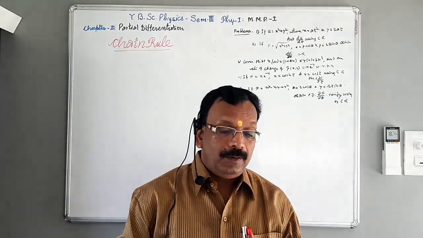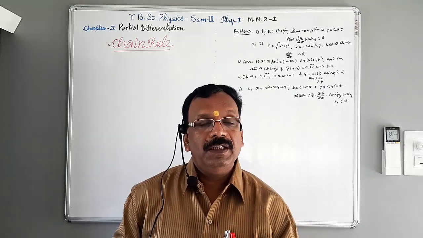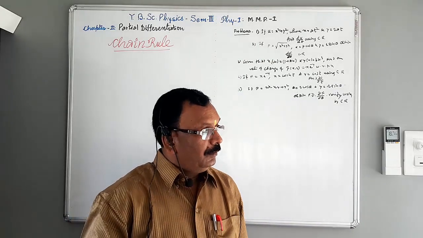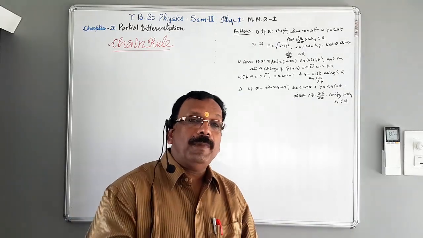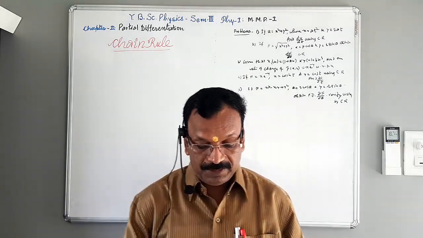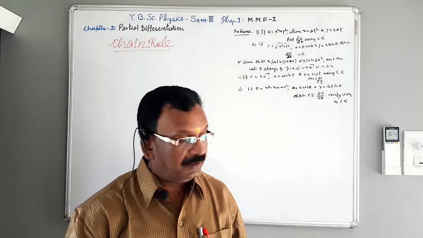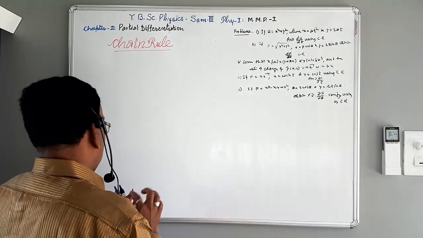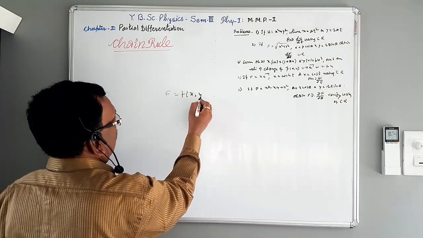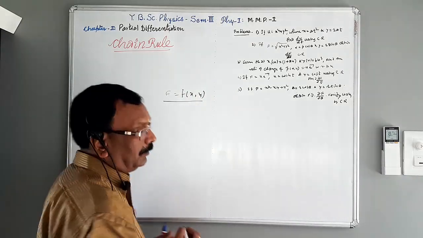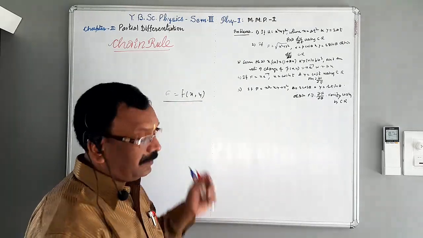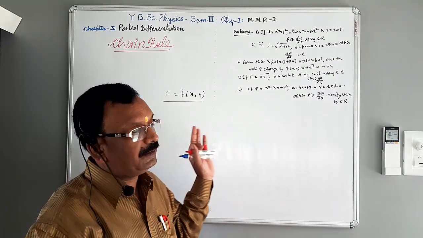Okay. Now in order to study this chain rule, first of all we have to look back at the previous points in which we have discussed the differentiation of a function f, where f is equal to f of x, y. This is a function of the variables x and y.